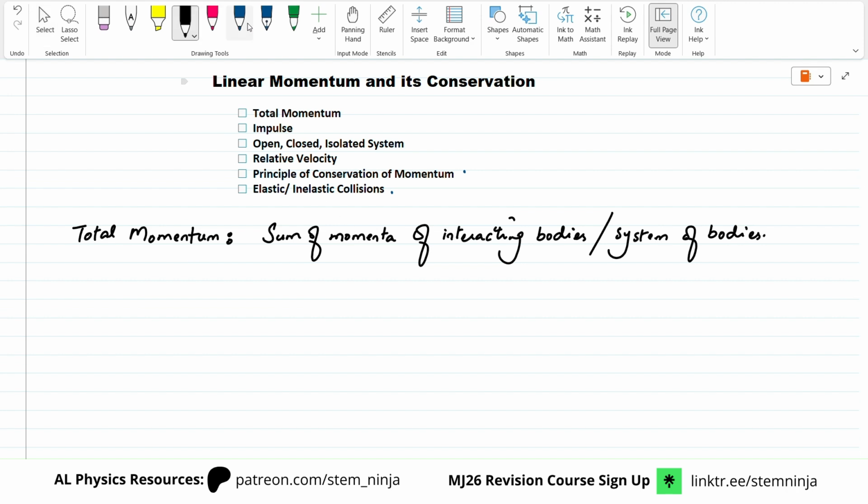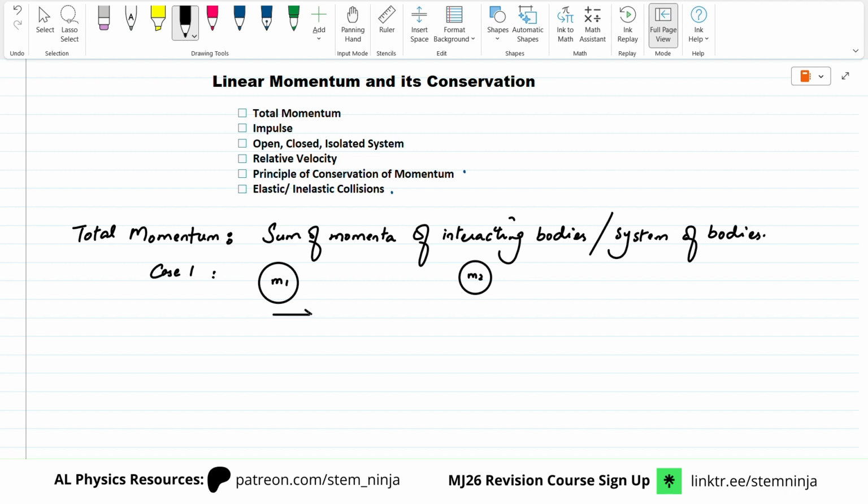So what that basically means is that you have two bodies, M1, and another body, M2.